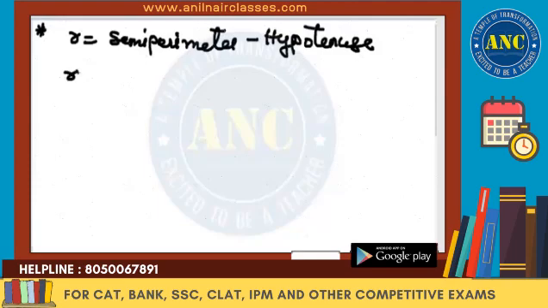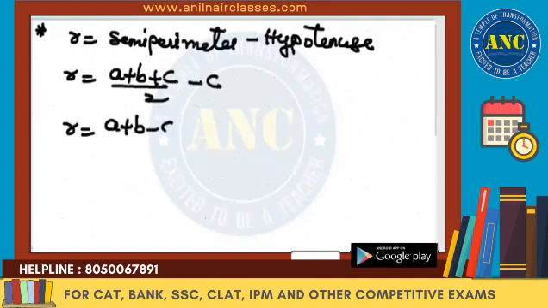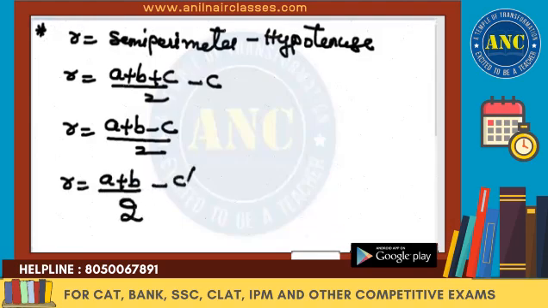So it is (a plus b plus c) by 2 minus the hypotenuse c, so it is (a plus b minus c) by 2. Listen carefully. It is a plus b by 2 minus c by 2. What is circumradius?